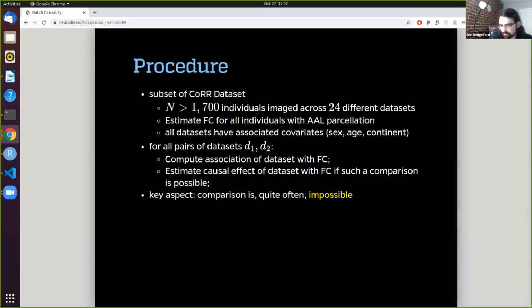First, we compare the association between the dataset identifier and functional connectivity for pairs of data sets. Next, we estimated a causal effect between the dataset identifier and functional connectivity if such a comparison was possible.